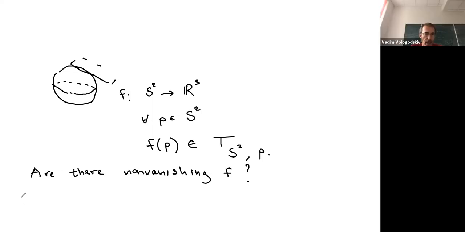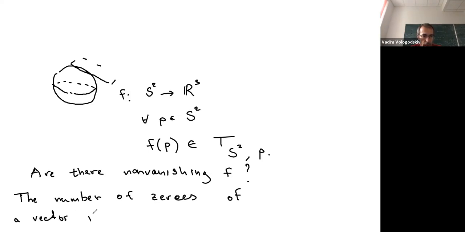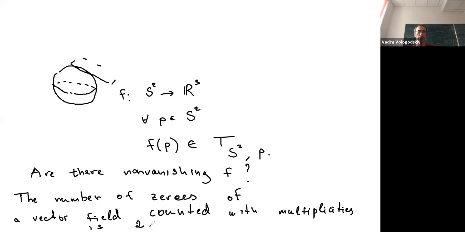The statement is that the number of zeros of a vector field counted with multiplicities, which I haven't yet explained, is 2. Okay?